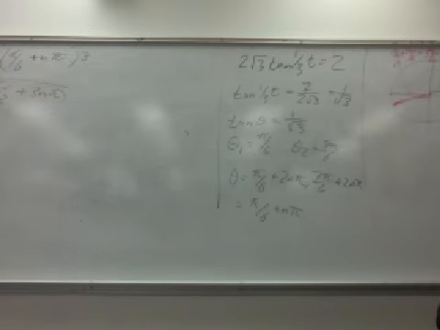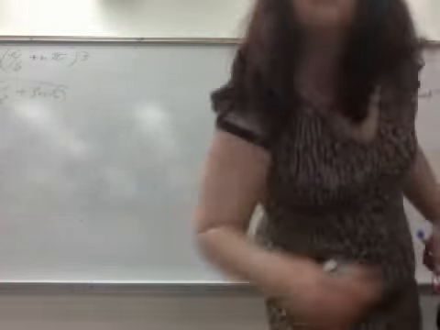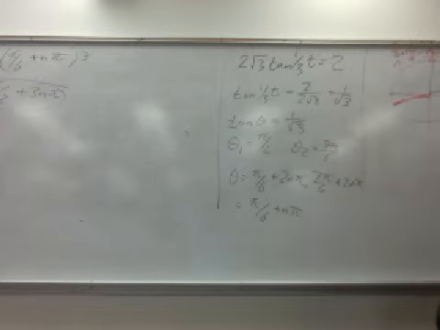So that's the general solution, pi over 2 plus 3n pi. Any questions about what I did on that one? Okay.